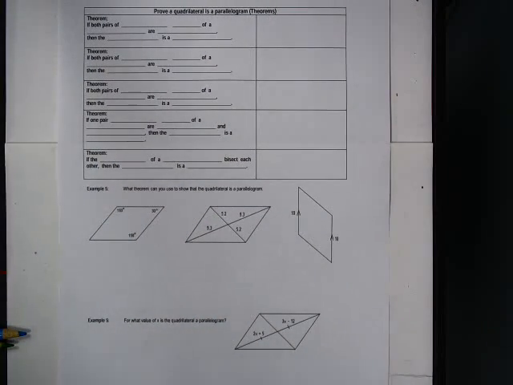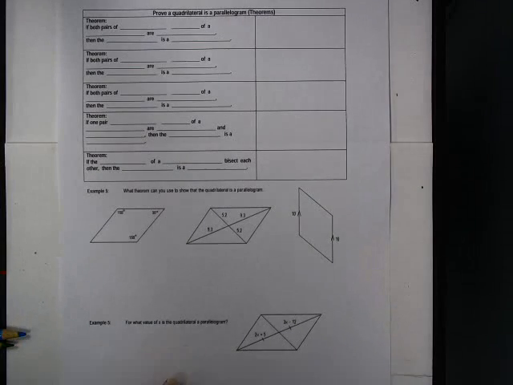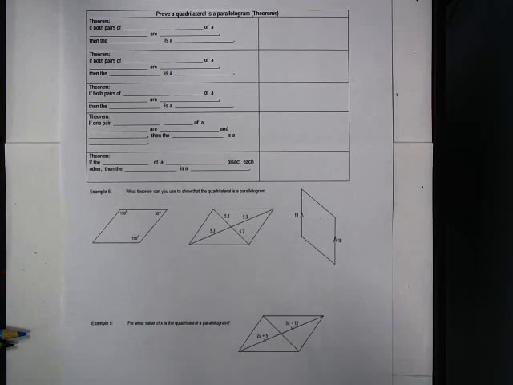All right, on this page, we have some more theorems to go through, and this is kind of like the converse of the theorems. Before, we had quadrilaterals and we were told that they were parallelograms, and then we learned facts. Now we have facts and we're trying to prove that these quadrilaterals are parallelograms.